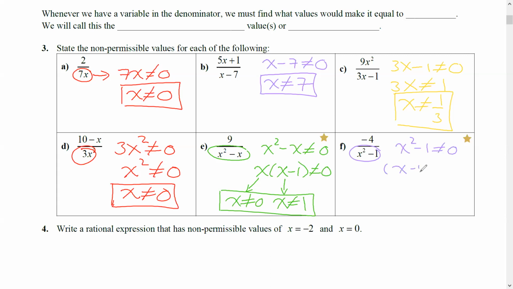So I factor it. This is a difference of squares. So there's my conjugates. So x can't equal 1 or negative 1. And I would write that maybe like that instead. There it is. So those are called the non-permissible values, the values that make our denominator equal to 0.